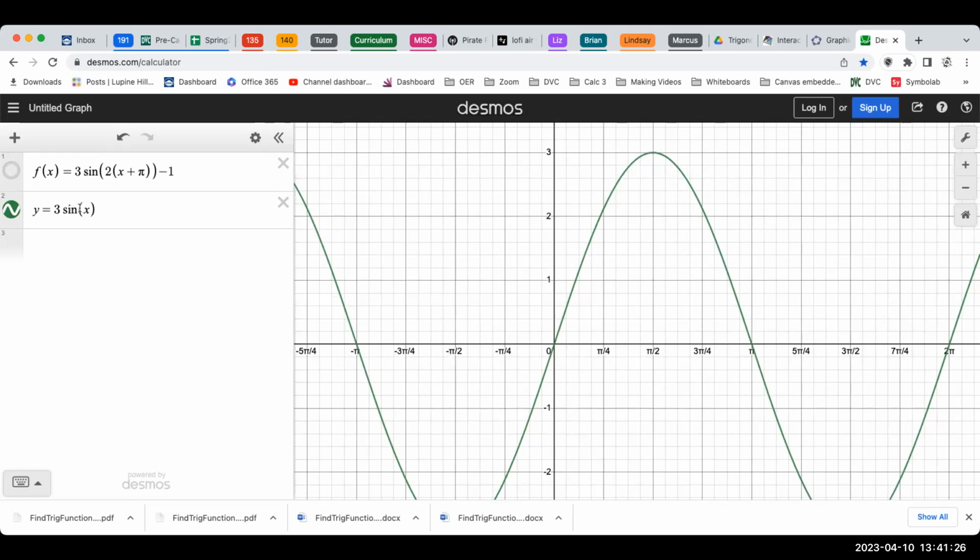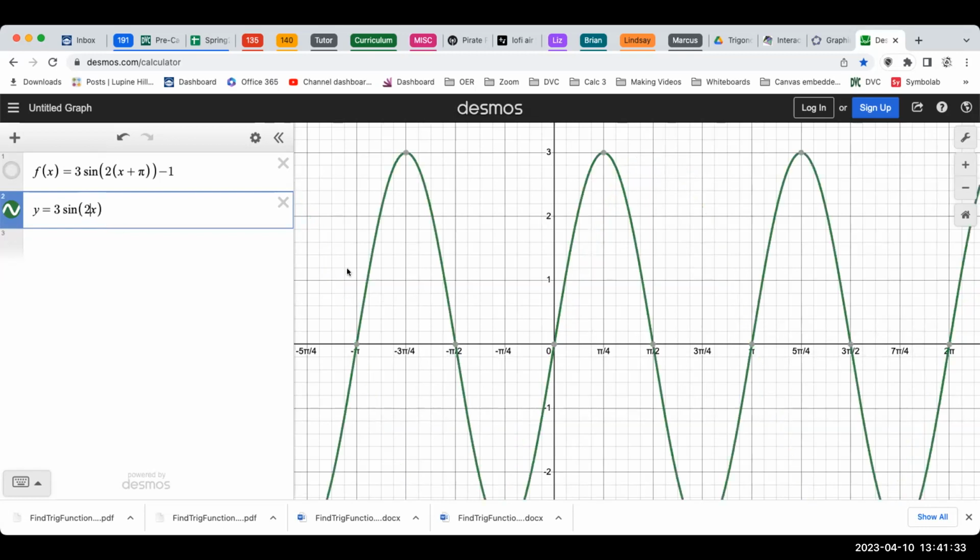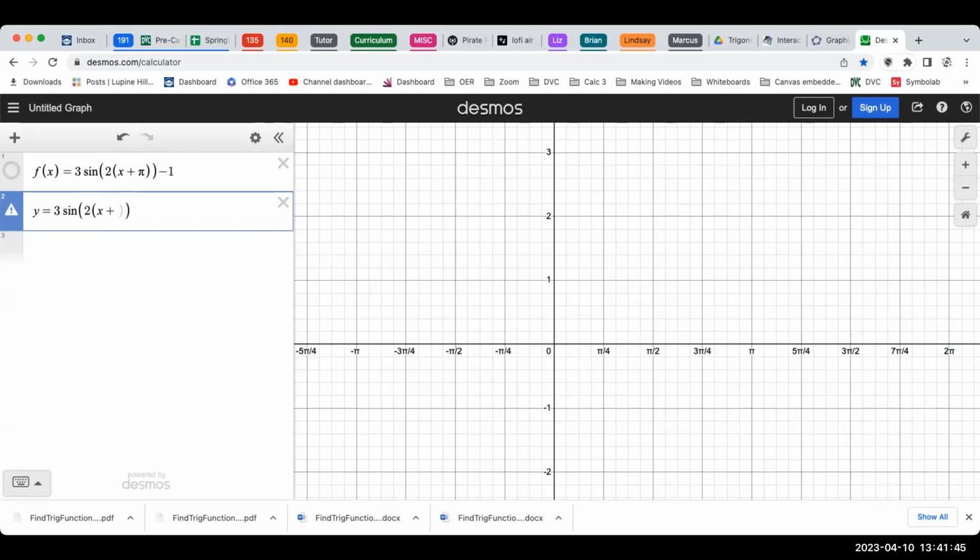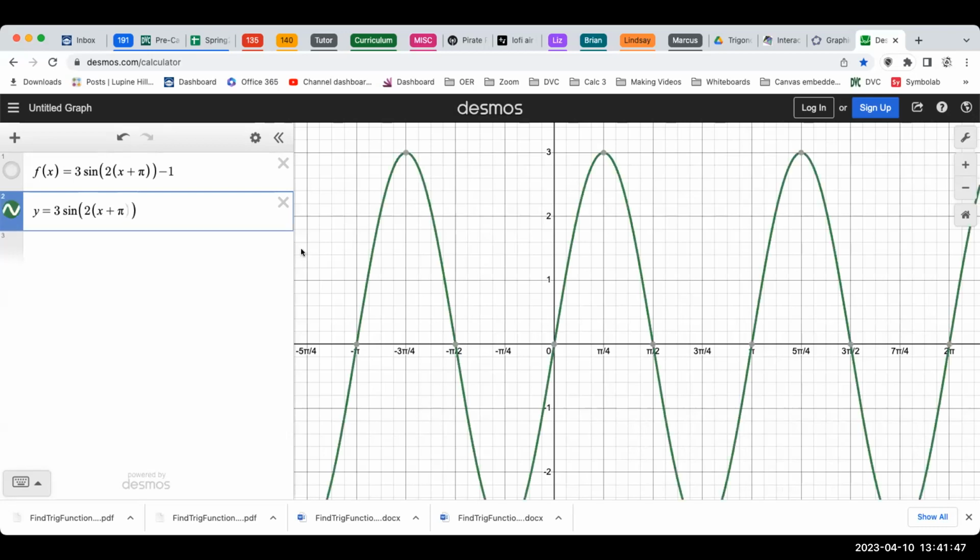Let's multiply by 2. Yep, the period is now pi. It cycles every pi units. And then we got plus pi. This one's a little hard to see, but it did shift pi units to the left.